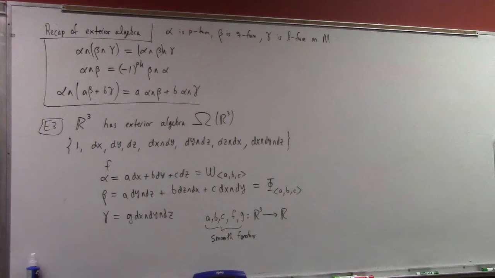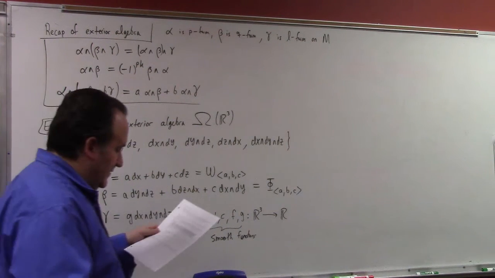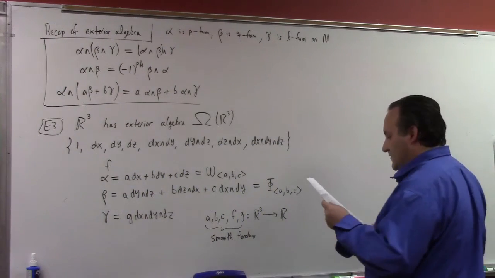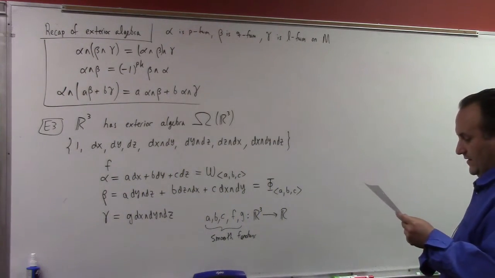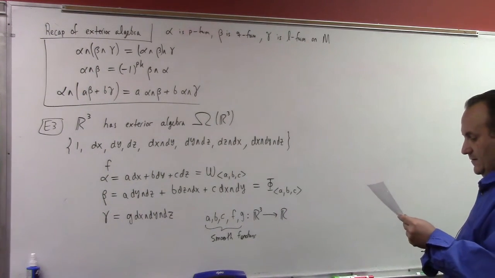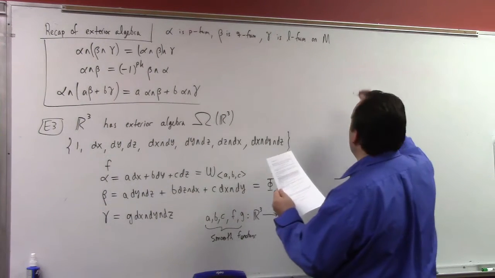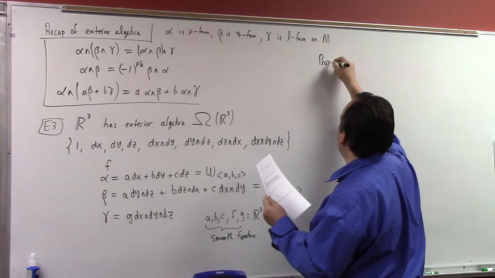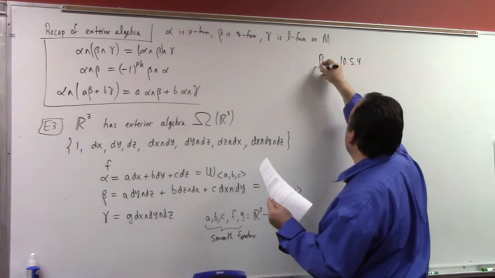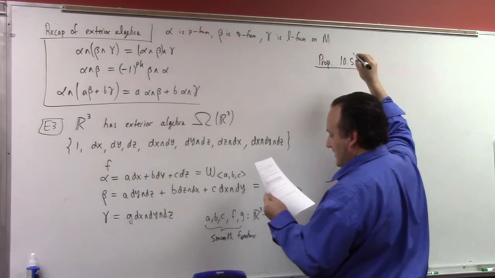Sometimes they are. If omega is a p-form on an n-dimensional space written in coordinate coframe dx1 through dxn at p, then the components of omega are given by evaluation on the coordinate frame. Okay, maybe I'll work this out here. Proposition 10.5.4. I think I was saying this before, but it's nice to have it written systematically.